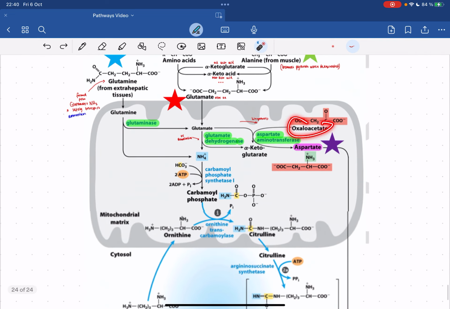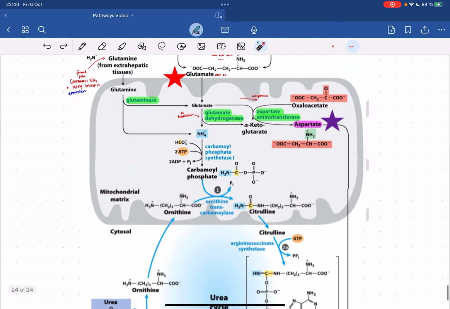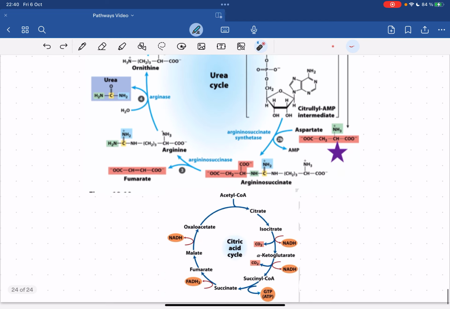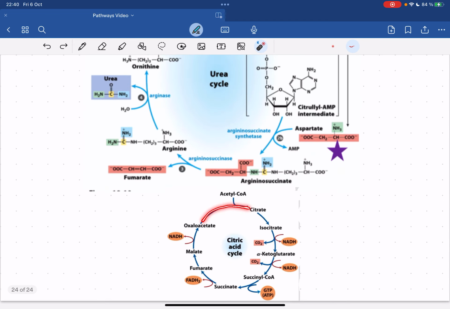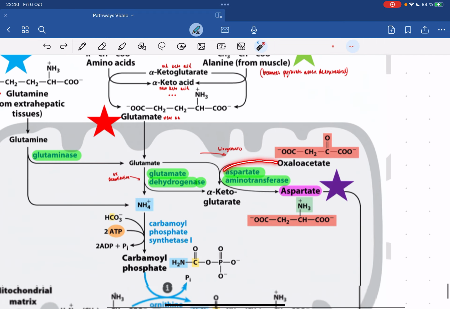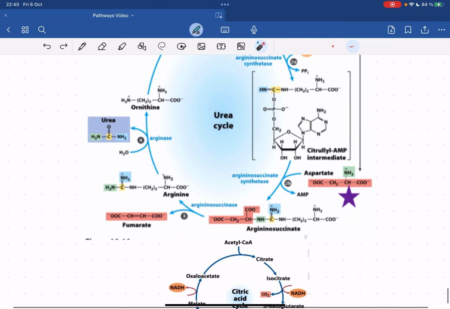Remember, the oxaloacetate we can find inside the citric acid cycle because the citric acid cycle occurs in what? The matrix of mitochondria. And here, instead of oxaloacetate going in and reacting with the acetyl-CoA to make citrate, it kind of skips a lot of parts in order to make this ketoglutarate immediately and to make this aspartate. And this aspartate goes instead inside of the urea cycle to make this argininosuccinate.